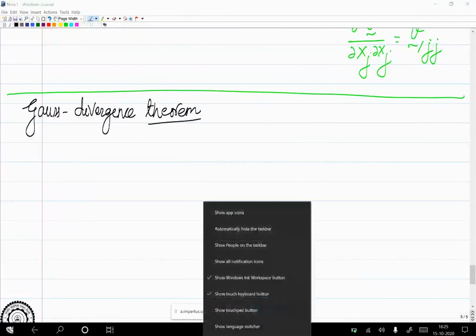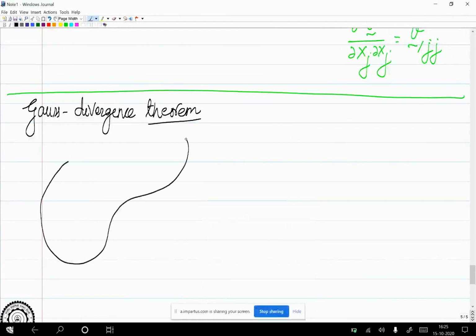So for example, think of a body, and any point in the body is given by, let's say, x. And there is a vector field, let's say V, at every point in the body. So there is a vector field defined over the body. All right? And suppose the outward normal here is n.